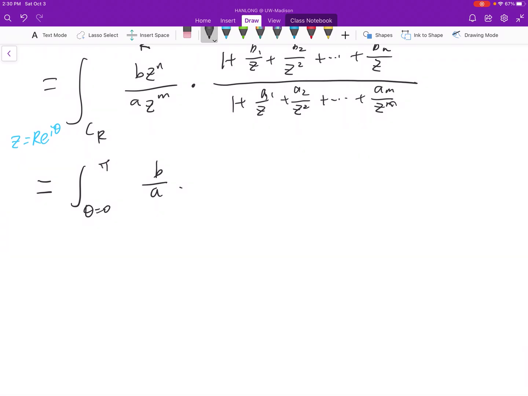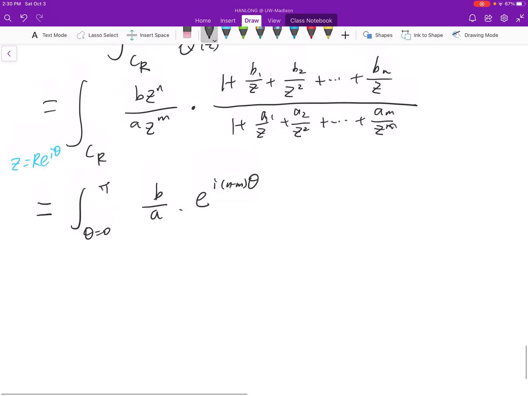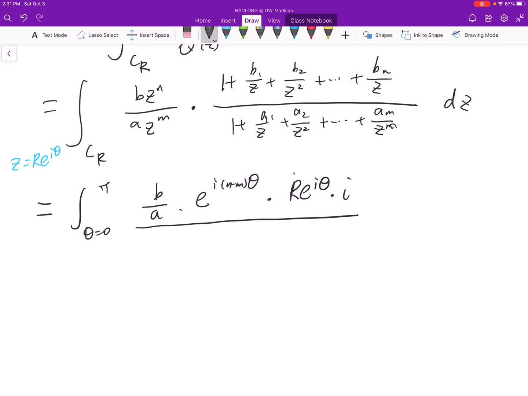Okay, then you have exponential e^{i(n minus m) theta}, and times dz, which is r e^{i theta} times i d theta, divided by r to the m minus n's power times the bracket with 1 plus b1 e^{-i theta} over r plus up to bn e^{-i n theta} over r to the n's power.